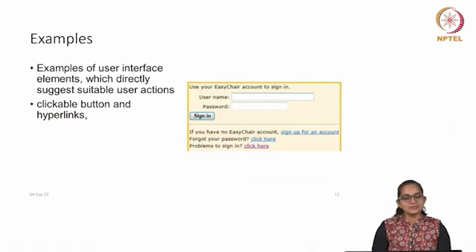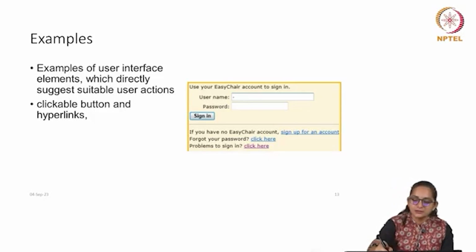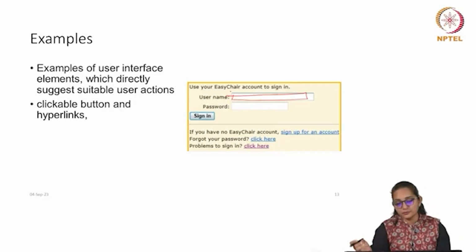Other such examples can be user interface elements which directly suggest usable actions. Just by looking at this image, just by the interface, there are a few things we are able to understand. This different colored box is an empty field, we need to fill something in it, username, password.